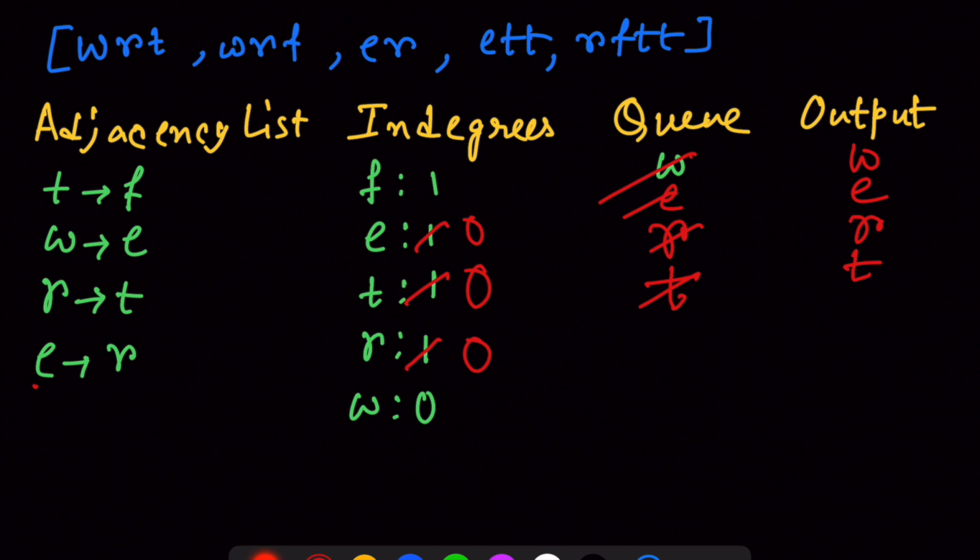Now consider the neighbors of T. T has only one neighbor, that is F. We will decrease the integrity of F. That will become 0. So at this moment, F is in-degree 0, we can add it in our output. Now you see all the characters have been processed, and our output will be WERTF.